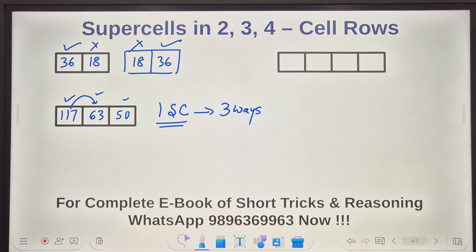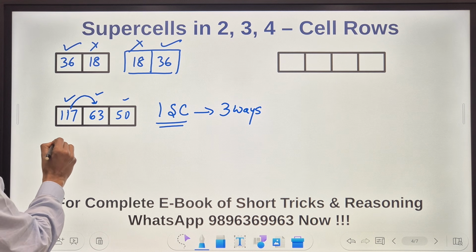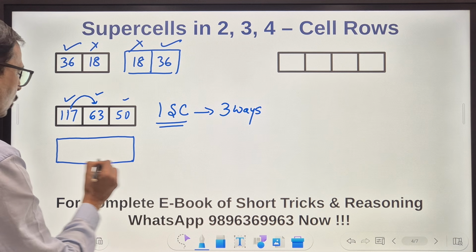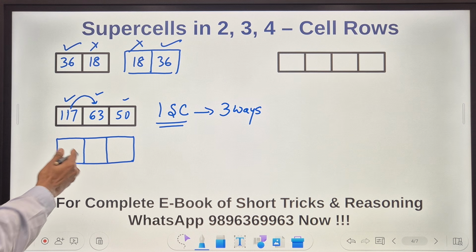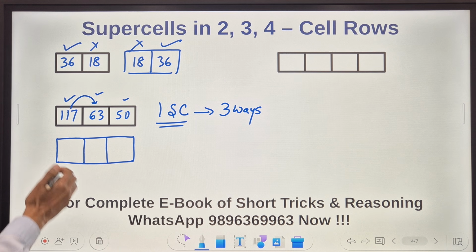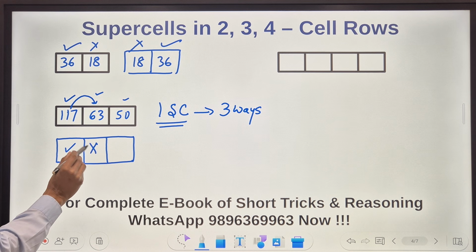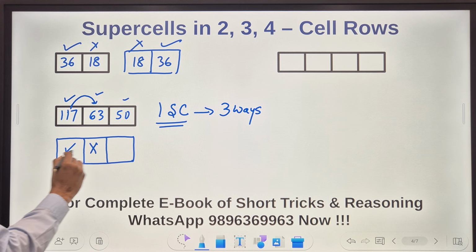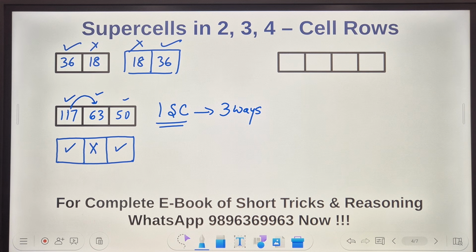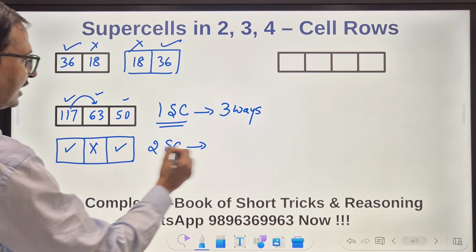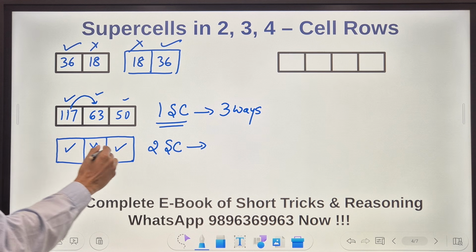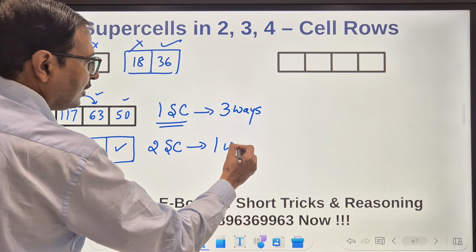Likewise, if I want 2 supercells here, how do I get 2 supercells? See, the neighboring cells cannot both be supercells. Suppose this one is a supercell, then this will never be a supercell because its value is less than this. So this can be a supercell. So if we want to have 2 supercells in a 3x1 grid, this can only be done in one way.